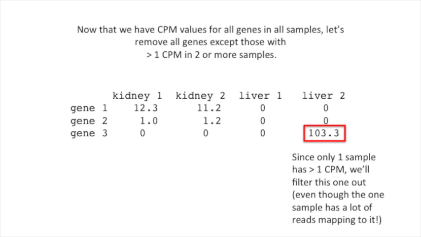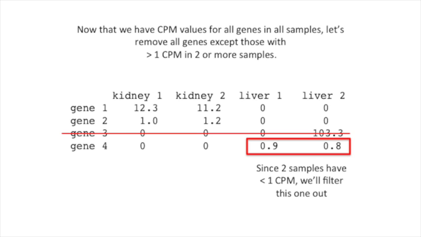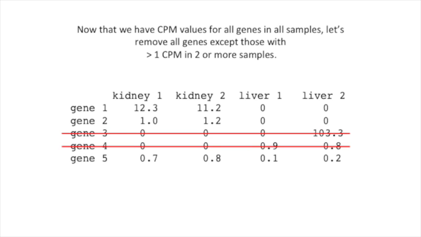Now let's look at gene number 3. Since only 1 sample has more than 1 CPM, we'll filter this gene out, even though that 1 sample has a lot of reads mapping to it. Now let's look at gene number 4. Since the 2 samples with reads mapping to them have less than 1 CPM in them, we'll filter this one out.